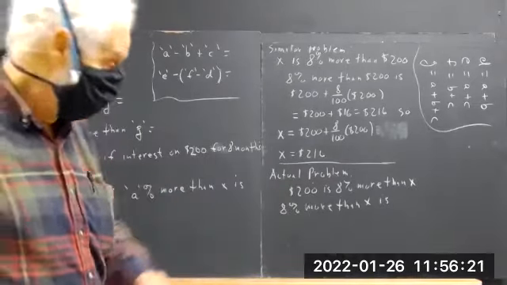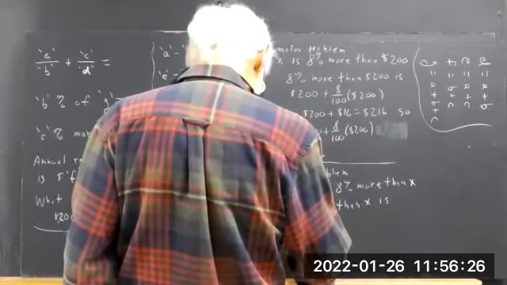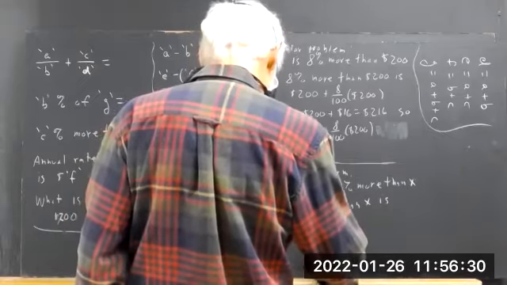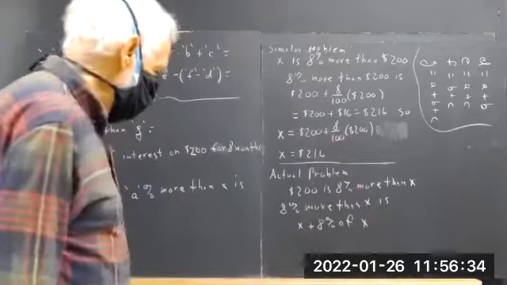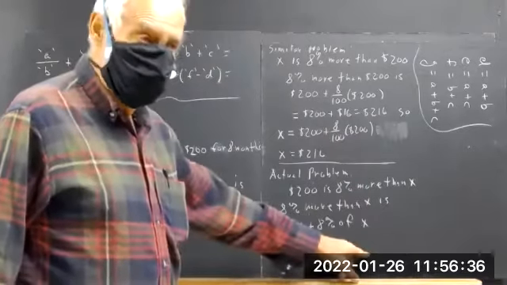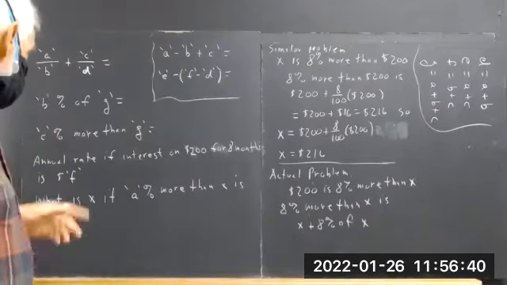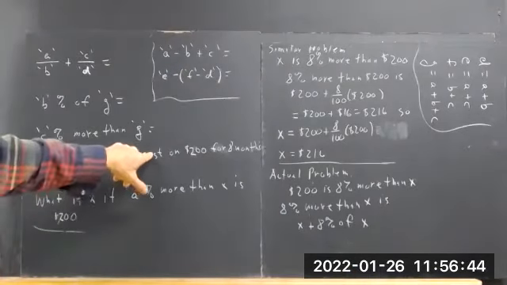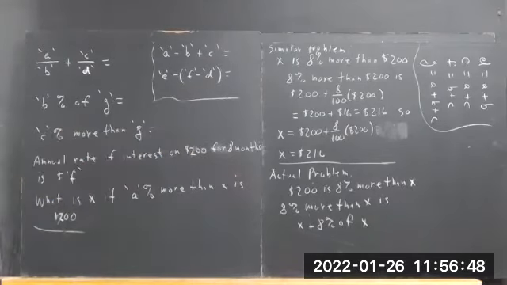But here's what it is. First of all, it's X plus 8% of X, right? And you remember in the problem, 6% more than G, what did you do? You took 6% of G and you added it to G, right?